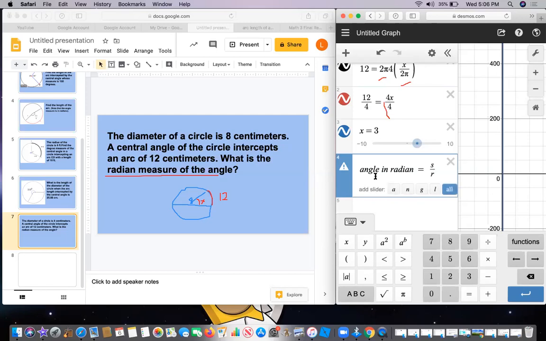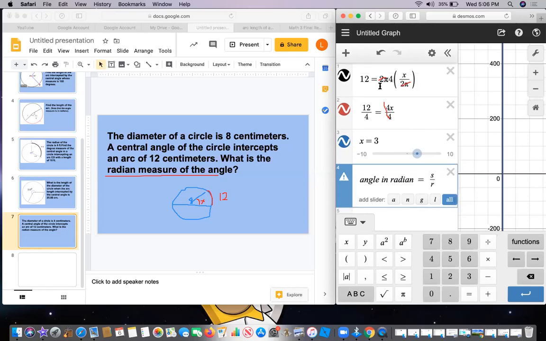So the angle is equal to S over R. You can also use the earlier formula, but if you know this already, then you understand that when we are going to find the radian measure, you just have to divide the arc length by the radius, because the radian measure is obtained by dividing the arc length by the radius. So the answer here is 3.